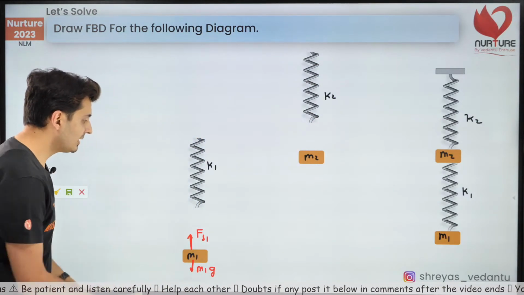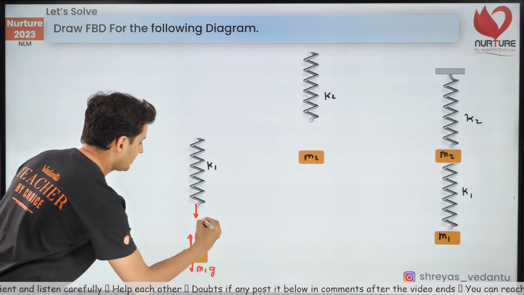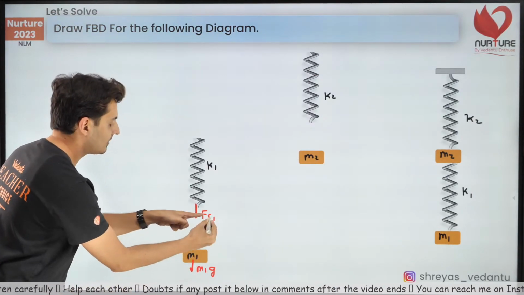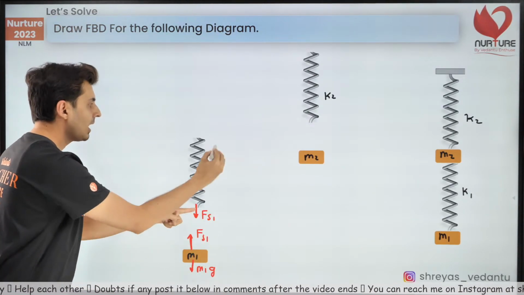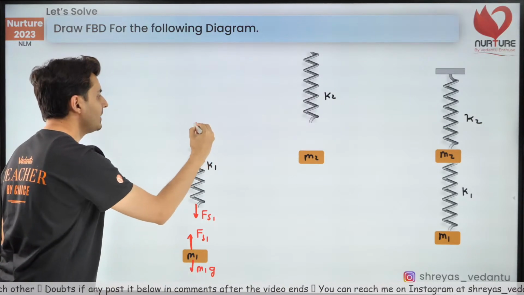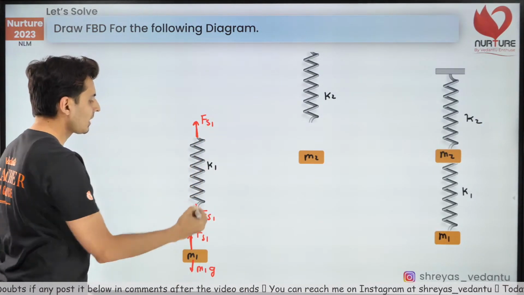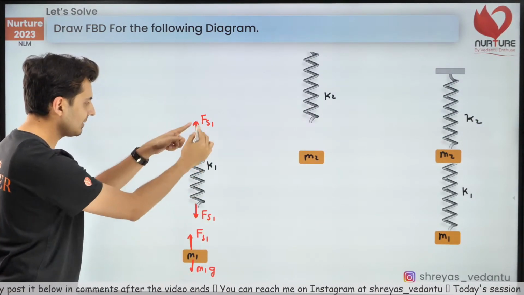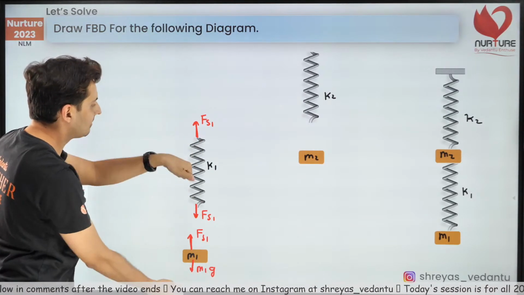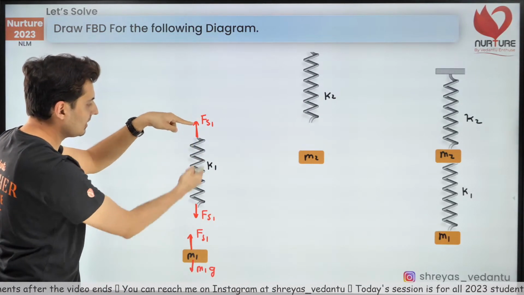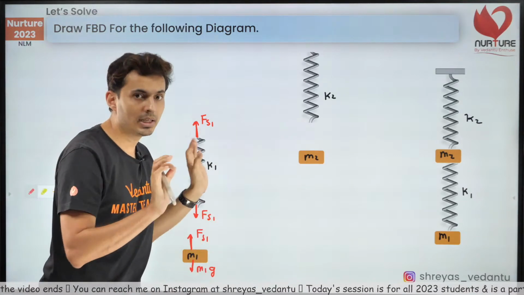This Fs1 will have a reaction like this. This is action, this is reaction by Newton's third law. And over here, there will be another Fs1. Magnitude wise, they should be the same, else the spring will start accelerating up or down. So both of them should be equal, no doubt about it.